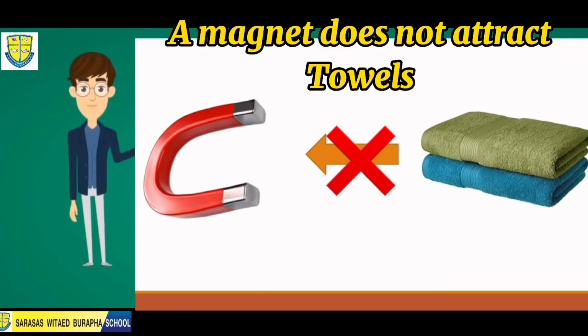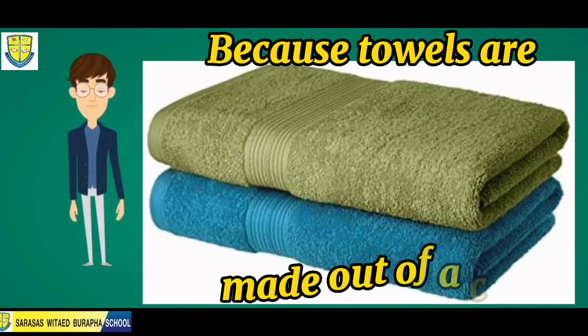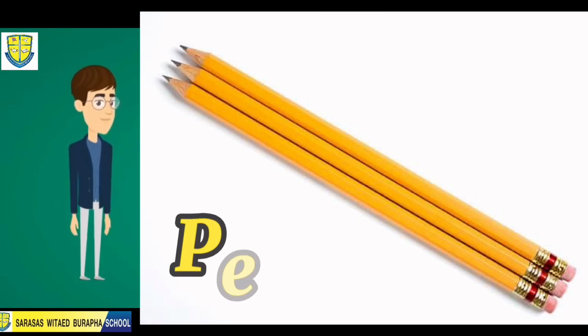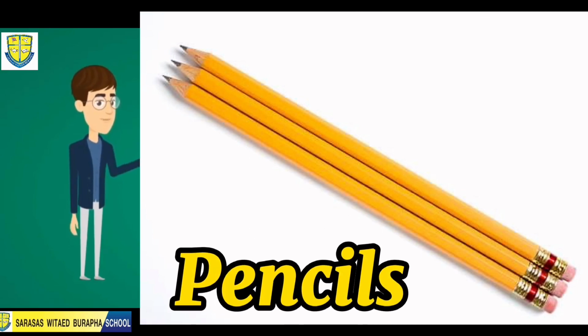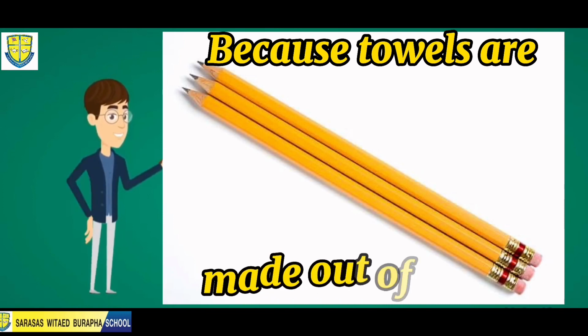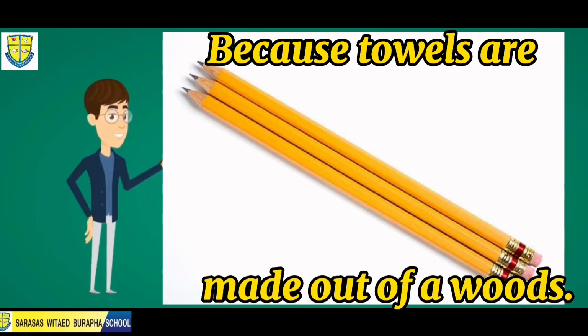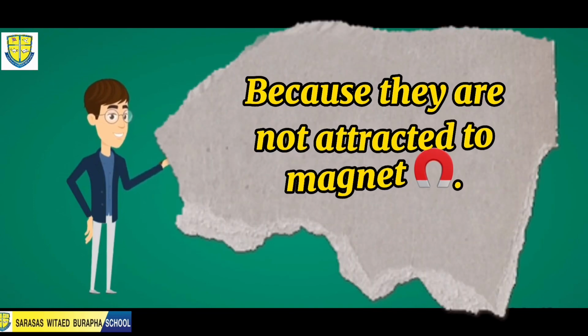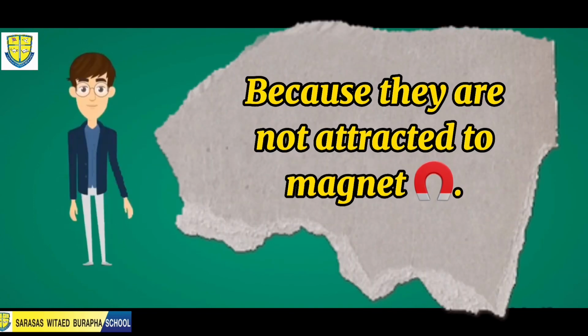A magnet does not attract towels because towels are made up of cloth. Our third examples are pencils. A magnet does not attract pencils because pencils are made out of woods. We call these objects non-magnetic objects because these objects are not attracted to magnet.